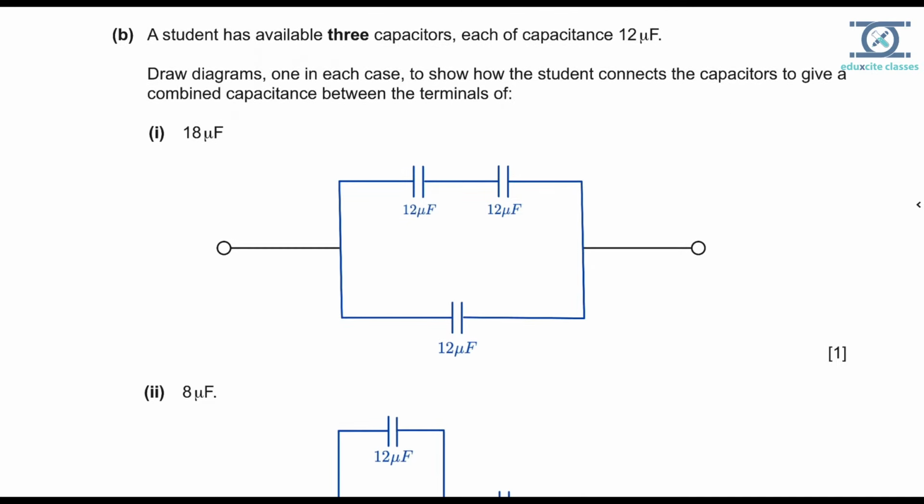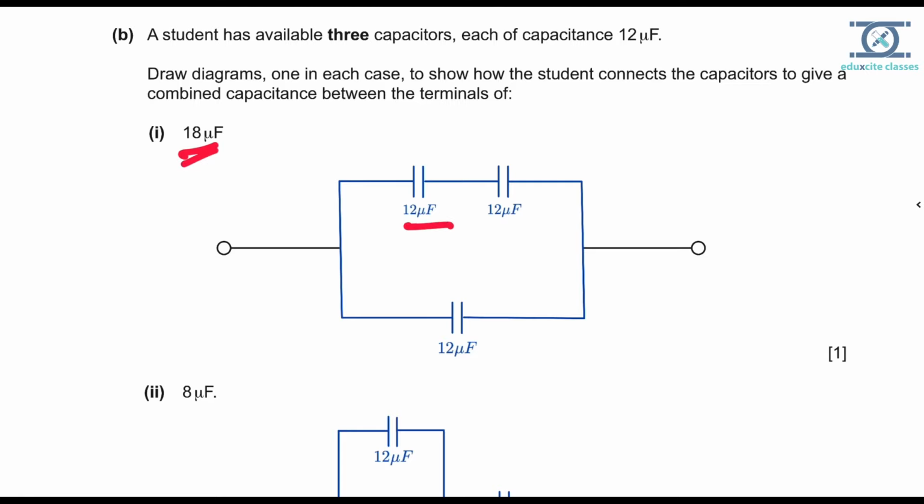Now this is a simple question. We are provided with three capacitors, each of 12 microfarad. Draw the diagram for the combination of 18 microfarad. You have to use the formula for the combinations of capacitors to get the answer 18.